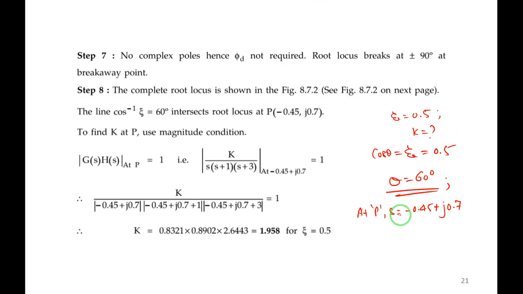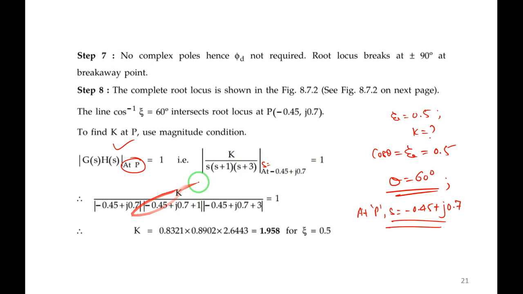We know the magnitude condition. Use the magnitude condition and calculate the value of k for this value of s. The magnitude of G(s)H(s) at point P is equal to 1. So apply: magnitude of k divided by s into (s plus 1) into (s plus 3), at s equal to minus 0.45 plus j0.7, equal to 1.